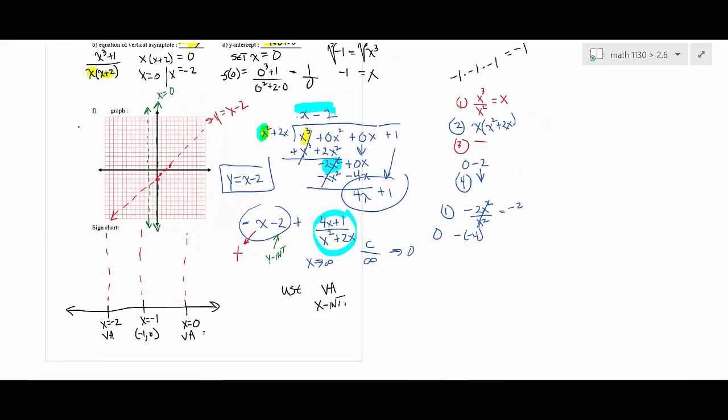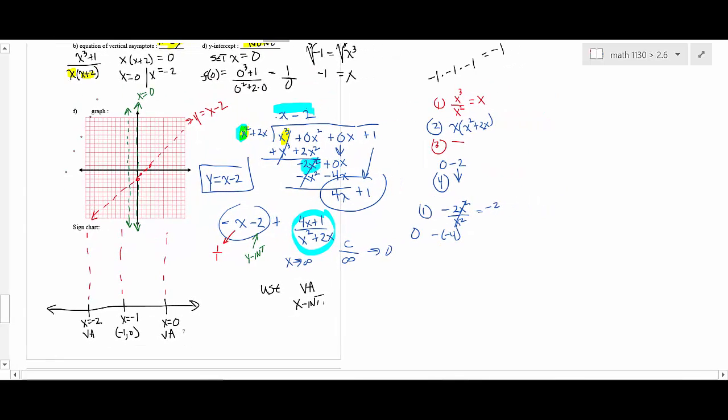So we're going to take the function x to the third plus 1 over x times x plus 2, and we're just going to put in test points. Let's take a test point that's below -2, like -3. Just plug it in and calculate. You would have -3 to the third plus 1, then -3 times -3 plus 2.